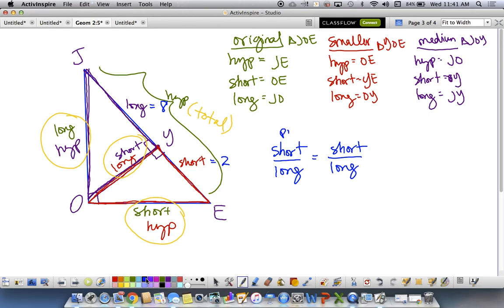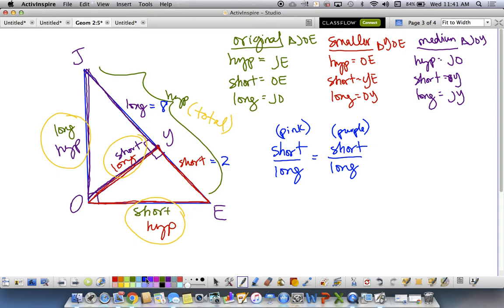Short, pink. That's weird to write pink in the color blue. The pink short to long and the purple short to long. Well, what if I went up here and actually wrote the letters?